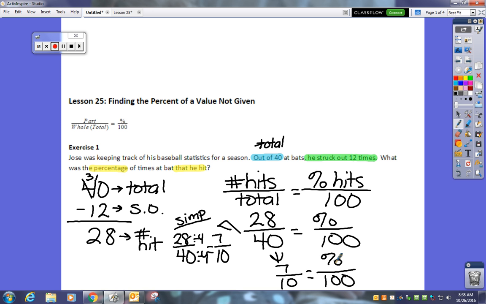Since 10 does go into 100 10 times, we can find our percent by multiplying 7 times 10 and getting 70%. Let's look at the next example.